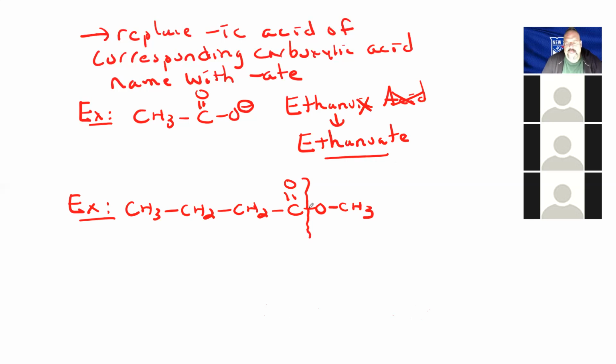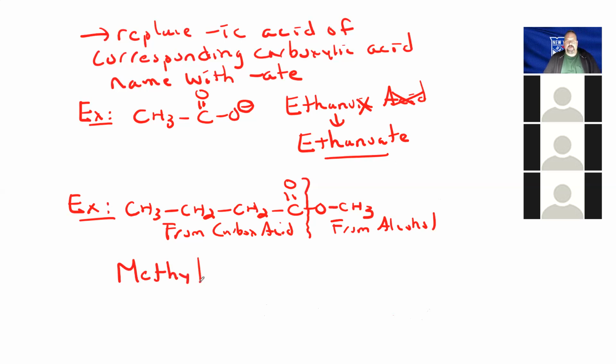So once we find that key bond, we know to the left of that has to come from the carboxylic acid, and the right part has to come from the alcohol. All right. So the first word would be the branch name for the carbon group attached to the alcohol oxygen. So here's the alcohol oxygen. Here's the carbon group. What do we call CH3 as a branch? CH3 as a branch is what is known as methyl.